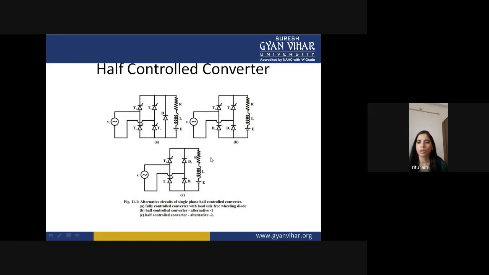In these you use two SCRs and two diodes. But in the full controlled converter, we use four SCRs, T1, T2, T3, and T4. In the next slide, we will discuss the working principle of these controlled converters.